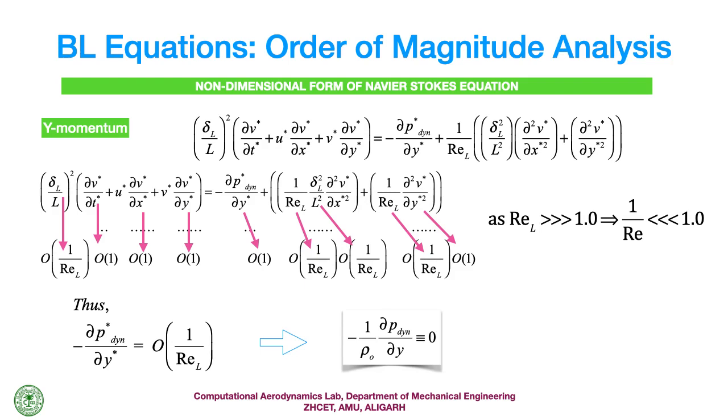So this is 1 over Re_L squared. Now the third term is again of the order of 1. So combined, this term is of the order of 1 over Re_L squared. The second term of the viscous part is 1 over Re_L, while the derivative is of the order of 1, so this whole term becomes 1 over Re_L. So the LHS whole is of the order of 1 over Re_L or lower terms.